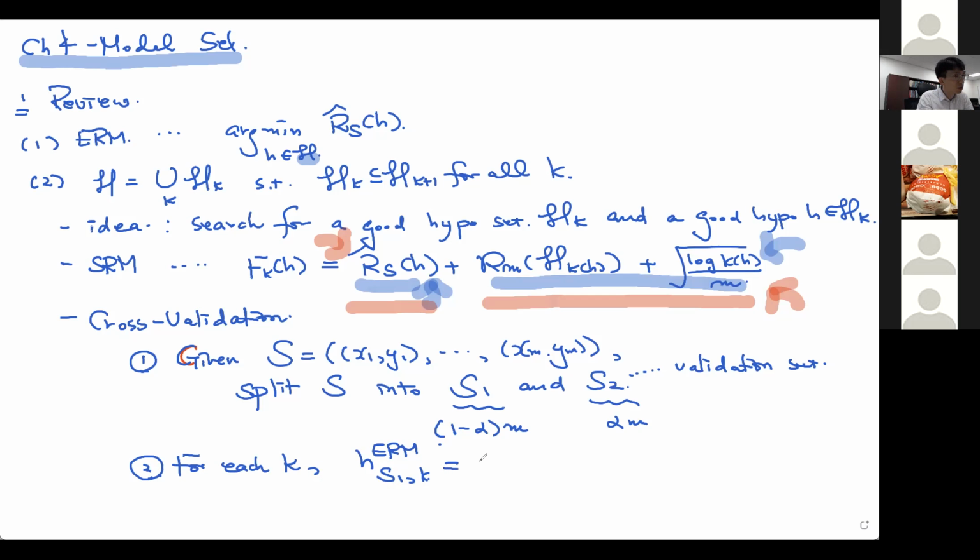That's going to be argmin of h in H_k, such that it minimizes empirical risk with respect to S1. And then once we do it, the last step is now we find the return.